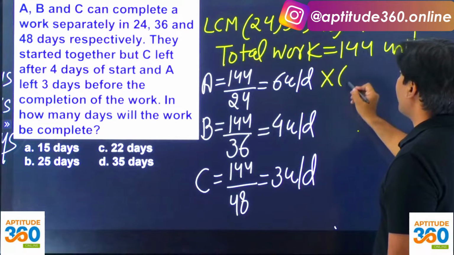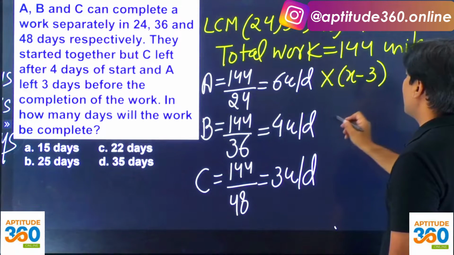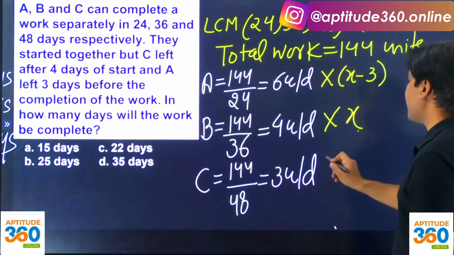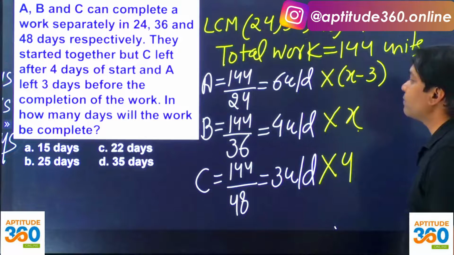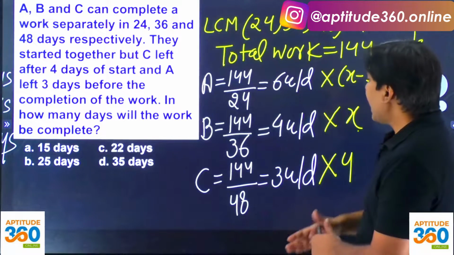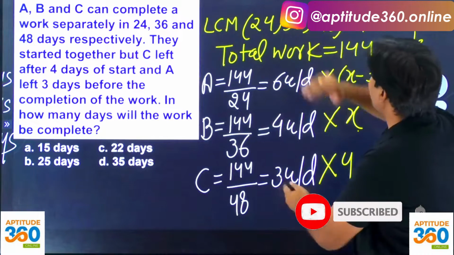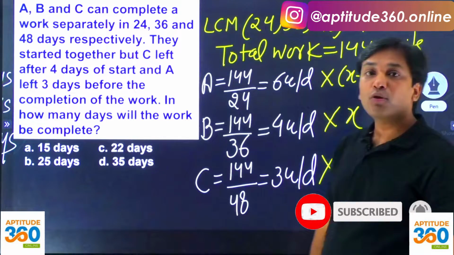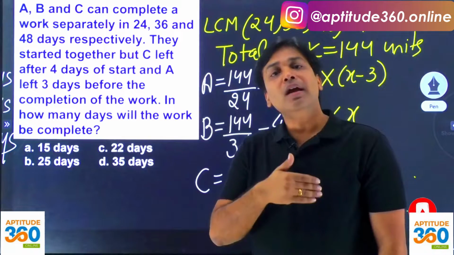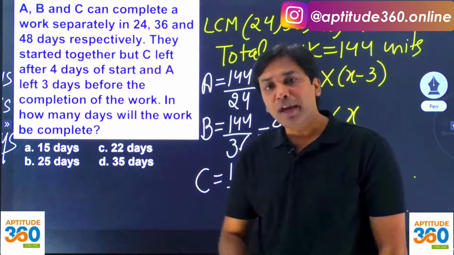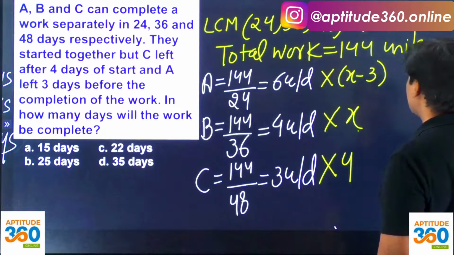So X minus 3. And this gets multiplied with X and this gets multiplied with 4. Do you understand this? And the collective work of A and B and C is going to be our entire work, which we have taken as 144. अगर तीनों को add कर दिया, we will be very easily finding out the value of X. So let's find it out.